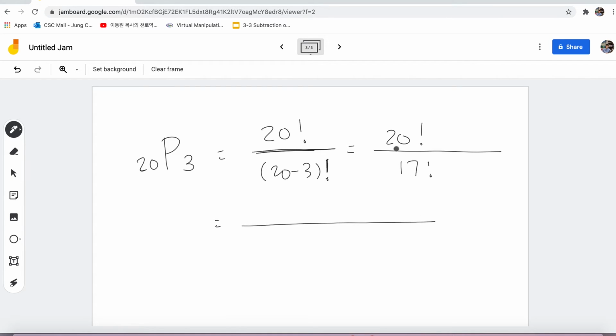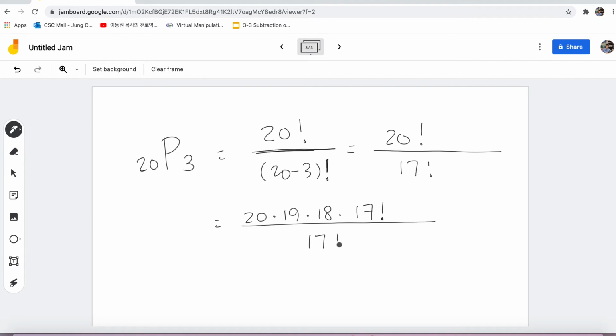Well, you can multiply 20, 19, 18, 17, 16, 15, all the way to 1. However, it's too tedious, right? So instead, we can write it this way: 20 times 19 times 18 times 17 factorial. We can stop here because 17 factorial means 17 times 16 times 15, all the way to 1.